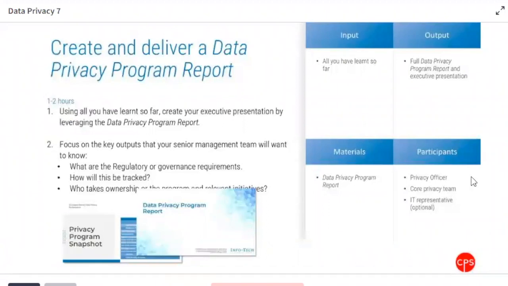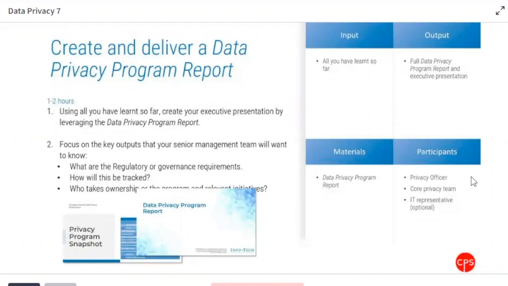The core privacy team, which I said were the marketing unit, the legal unit, the HR unit, the customer delivery unit, the customer service or customer support unit, whichever is called.